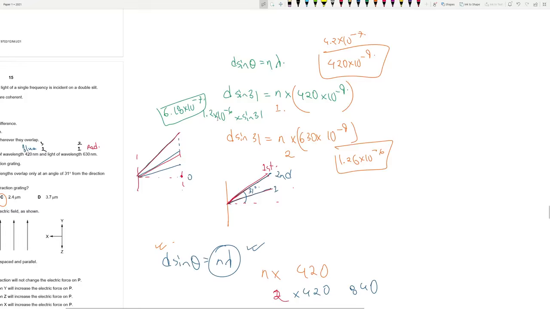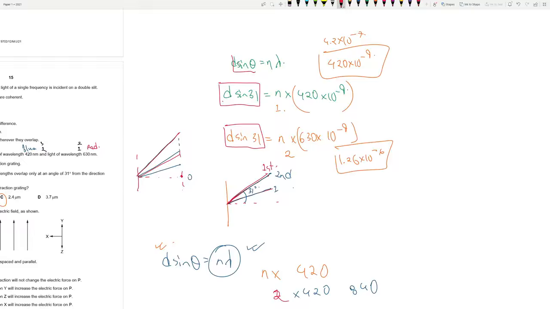You guys need to understand something though. Let's make this sum a bit simpler for you guys. The value of theta is constant at sin 31. Okay. And the value of d is also constant. This thing over here is actually a constant. So d sin theta is a constant. What is changing actually? n and lambda are changing. Okay, they are going to change. n and lambda.